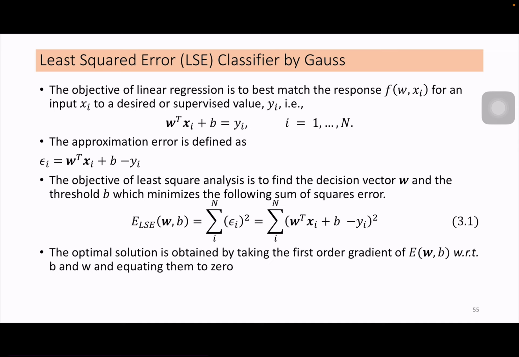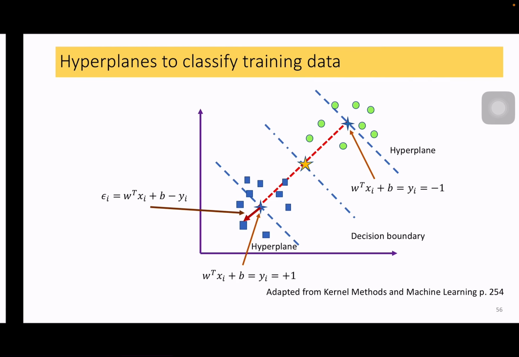So the LSE, least square error, E(W, b) is equal to the summation of epsilon squared, that is W transpose xi plus b minus yi, squared. The optimal solution is obtained by taking the first-order gradient of E with respect to b and W and equating them to 0.